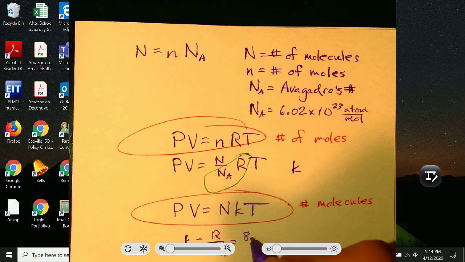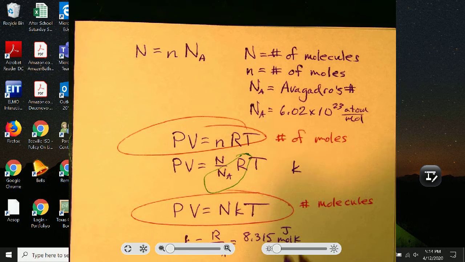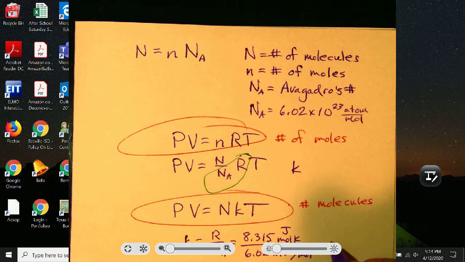We're going to use 8.315 joules per mole Kelvin divided by Avogadro's number. That gives us 1.38 times 10 to the minus 23rd joules per Kelvin. They call this Boltzmann's constant.